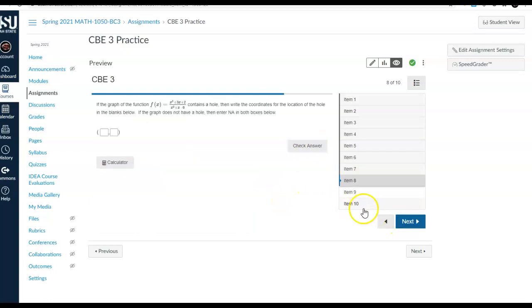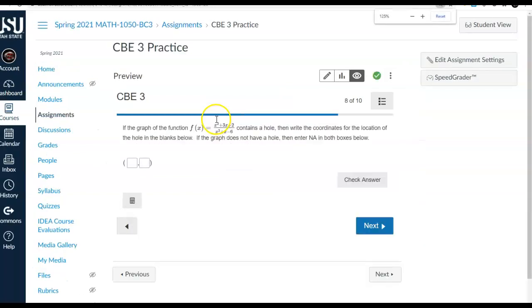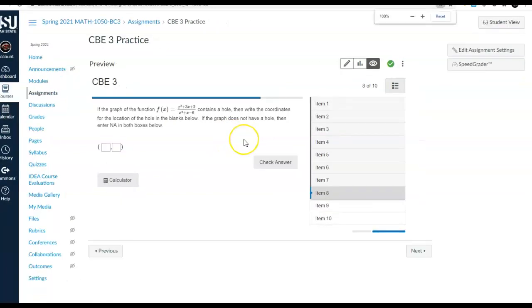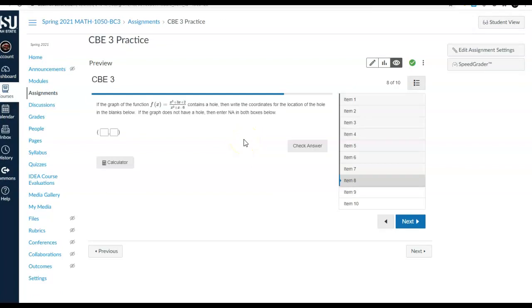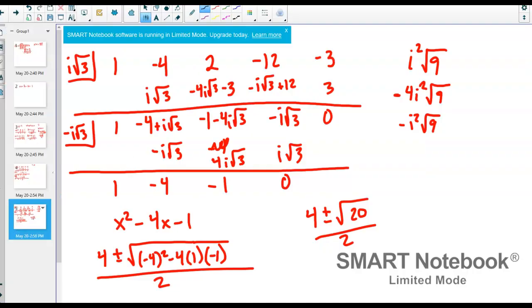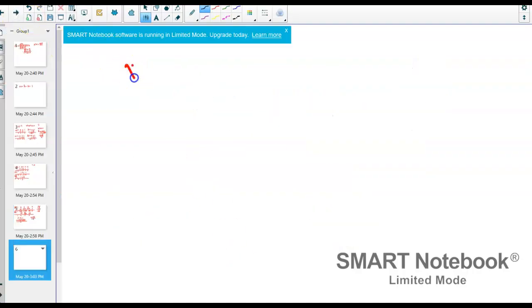Almost there. Next one here, we're looking for holes. In this case, remember when we have a hole, when we actually factor this thing, we need repetitive factors. So I've got x squared plus 3x plus 2 all over x squared plus x minus 6.